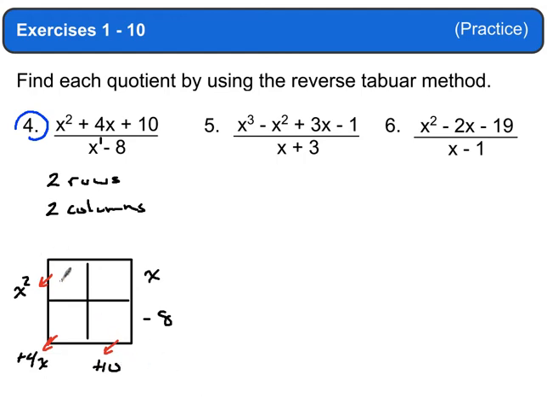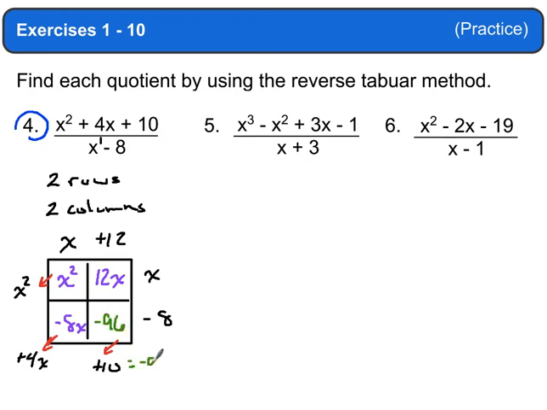And so we put this x squared into here. And we divide x squared divided by x, and we get an x. So x times negative 8 is negative 8x. And so negative 8x plus something has to equal 4x. So that ends up being a 12x. So 12x divided by x is positive 12. And then the important box here is 12 times negative 8 is negative 96.